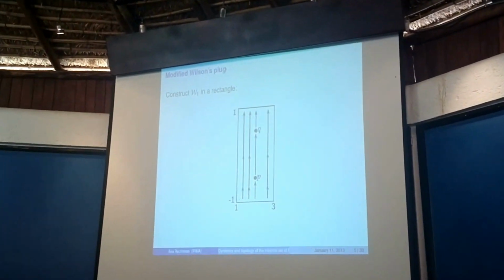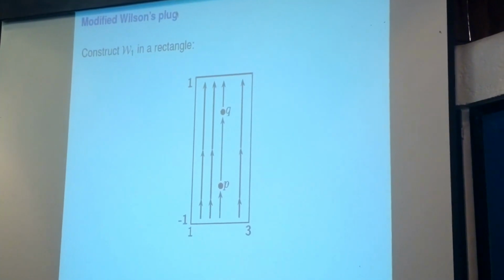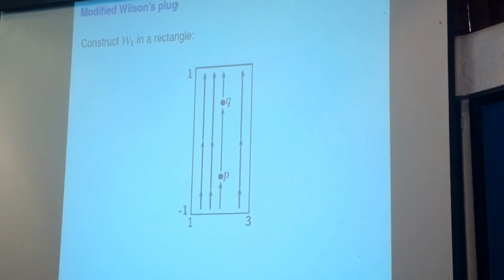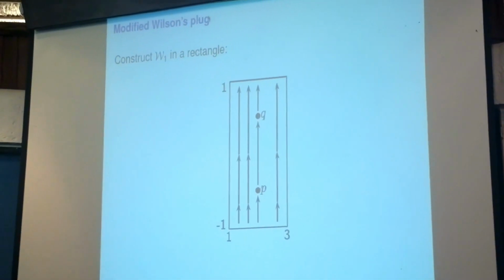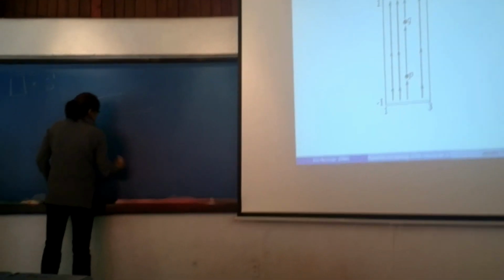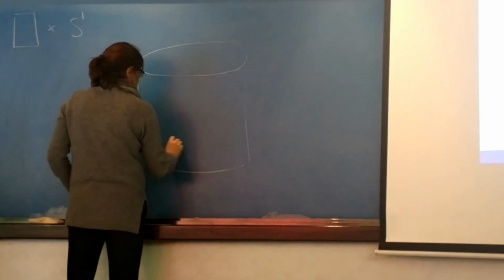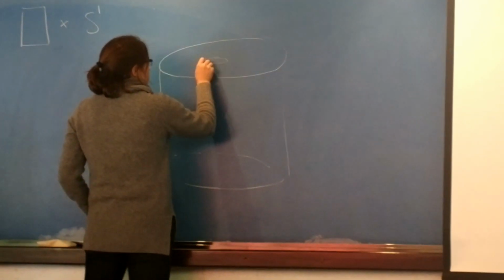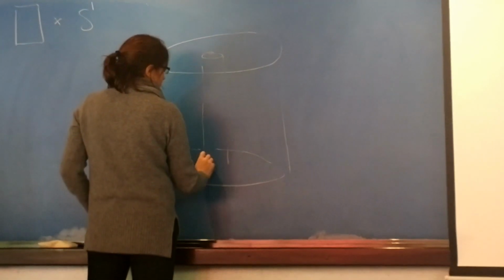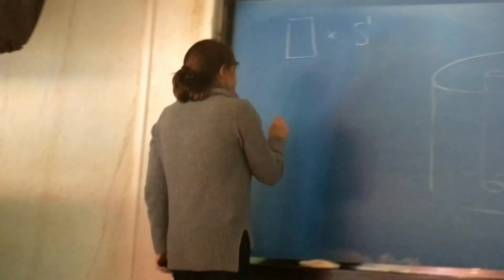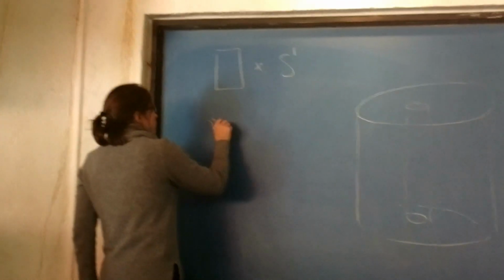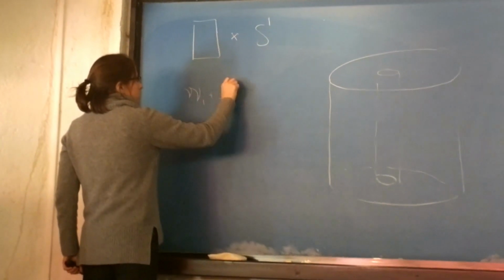Now what we're going to do is multiply this rectangle by a square, so we obtain something that looks more or less like this. And inside I want to put a vector field, and the vector field is going to be W1 plus a function d on x.